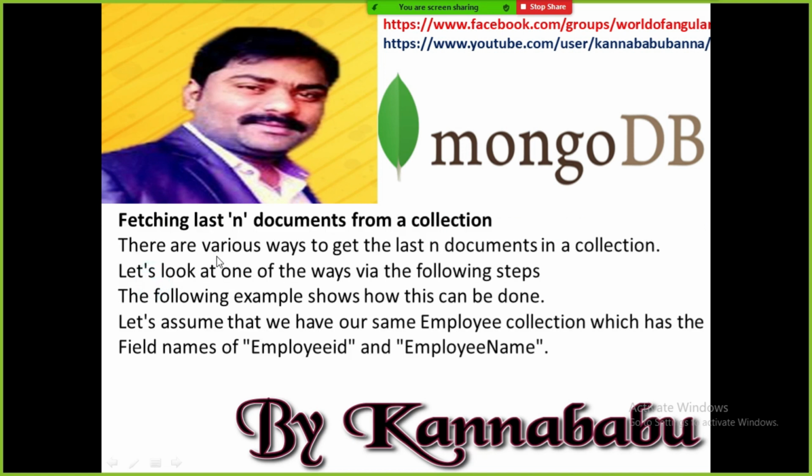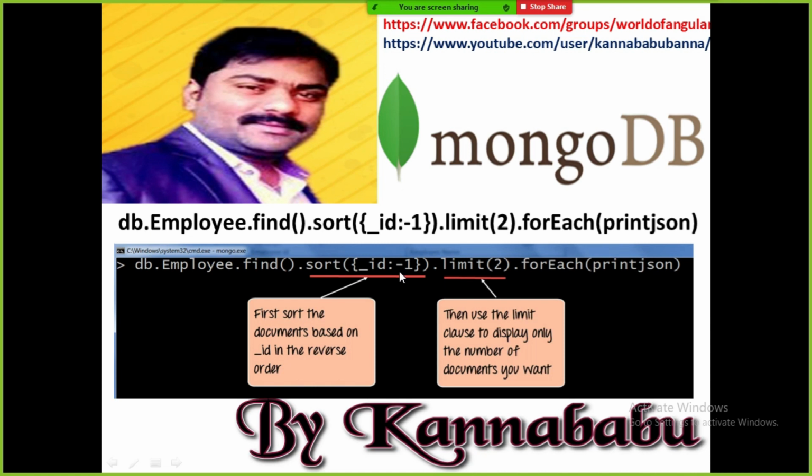Now, if I wanted to fetch the last n documents from the collection, there are various ways to get the last n documents in a collection. Is it clear? Let us assume that we have our same employee collection which has the fields employee ID and employee name. Without using a regular expression, if you want to get the employee details, you can write like this.